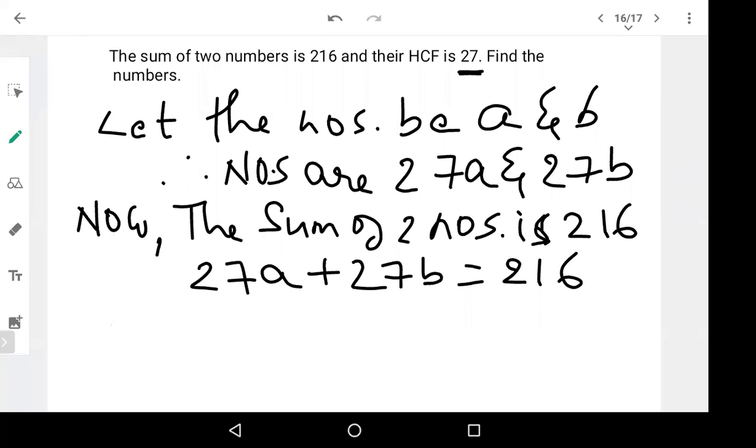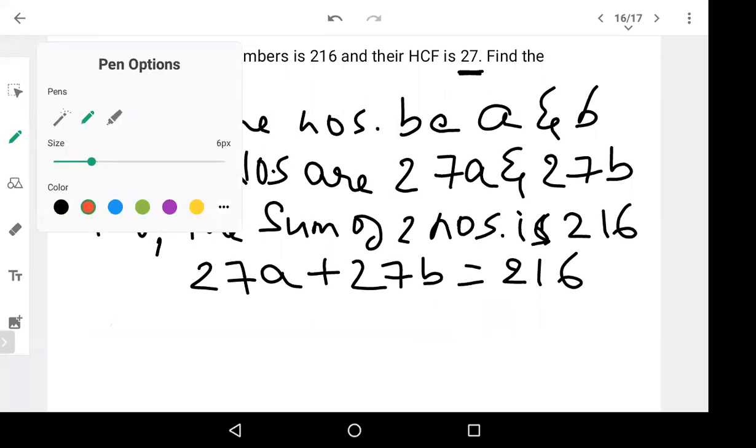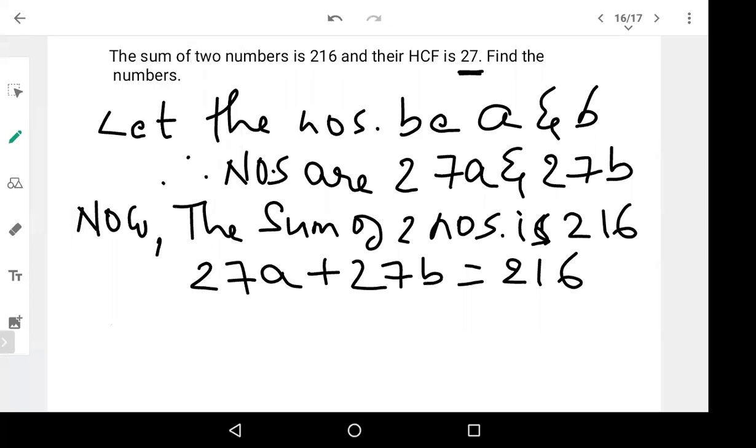People who are not able to understand, what I'm doing is dividing the whole equation by 27: 27A divided by 27, 27B divided by 27, and 216 divided by 27.